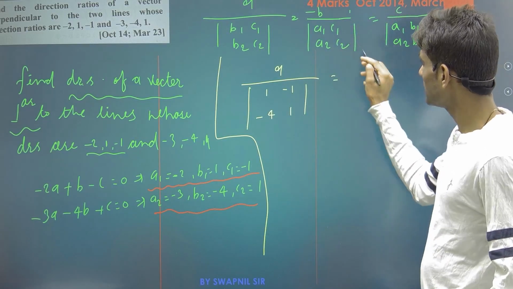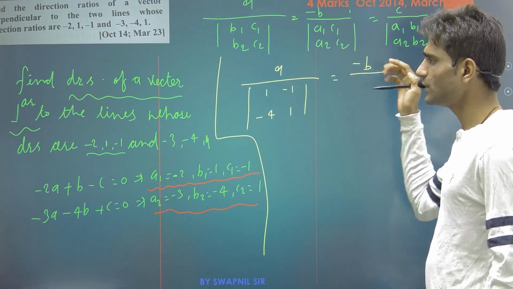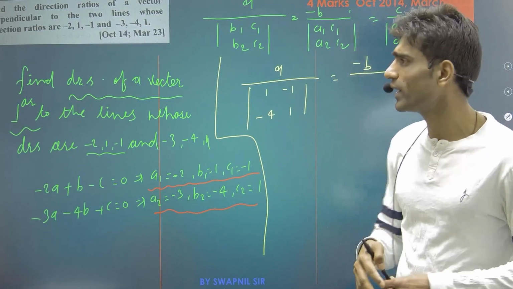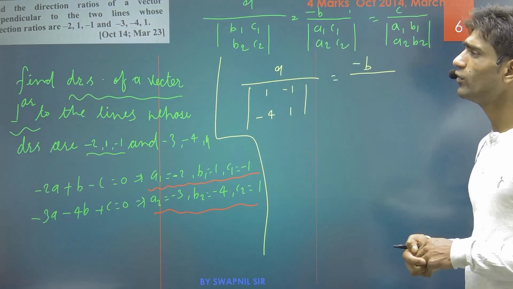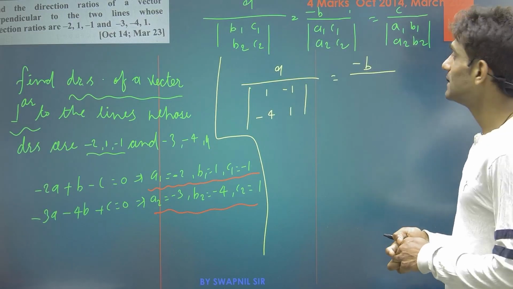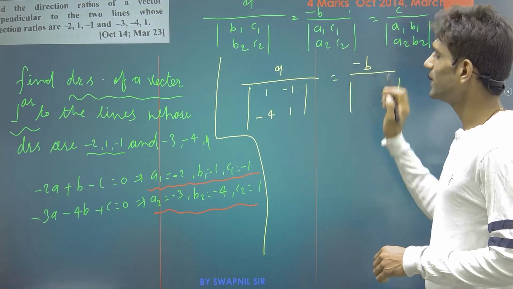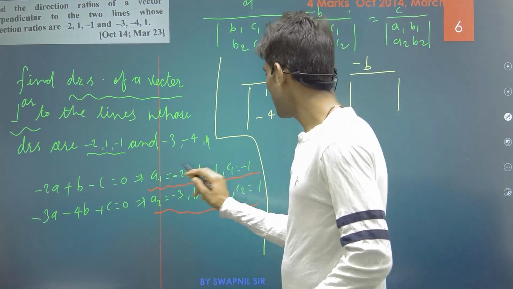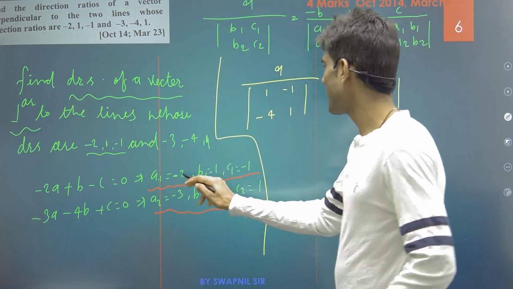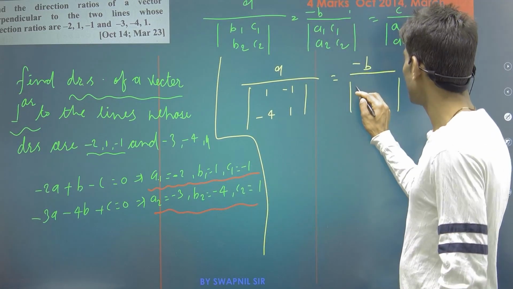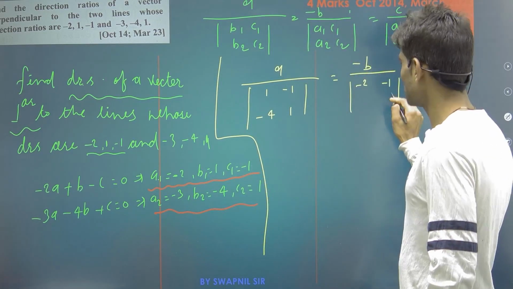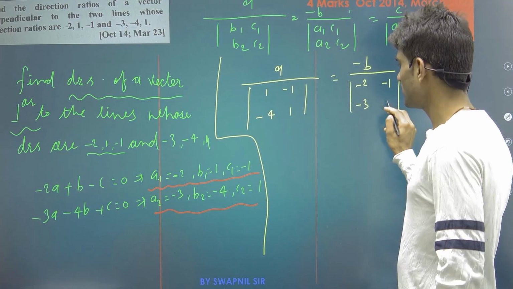Similarly, keep minus B as it is, as we don't have the values for A, B, C here; we have to find them. So substitute here A1, C1, A2, C2, which are -2, -1, -3, 1.